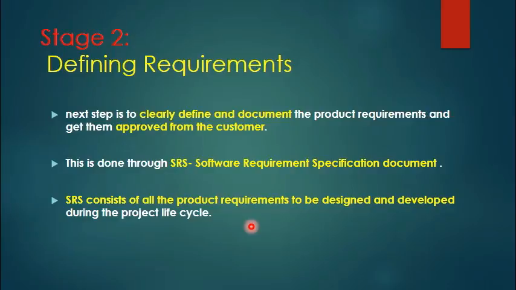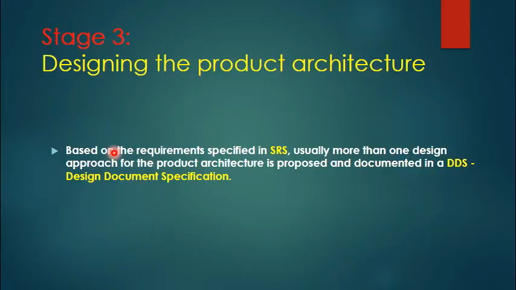Once the requirements are defined, designing the product architecture starts. Based on the SRS, more than one design approach for the product architecture is proposed. Means different approaches are proposed and documented in a design document specification, and out of that the best one is selected and proceeded with.